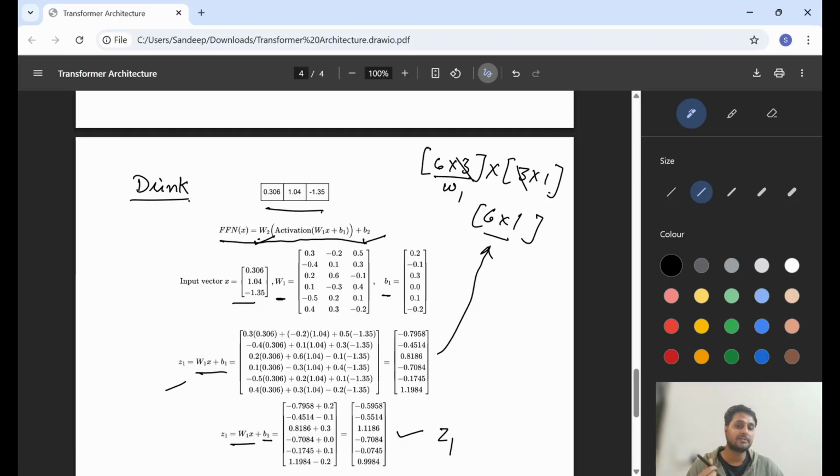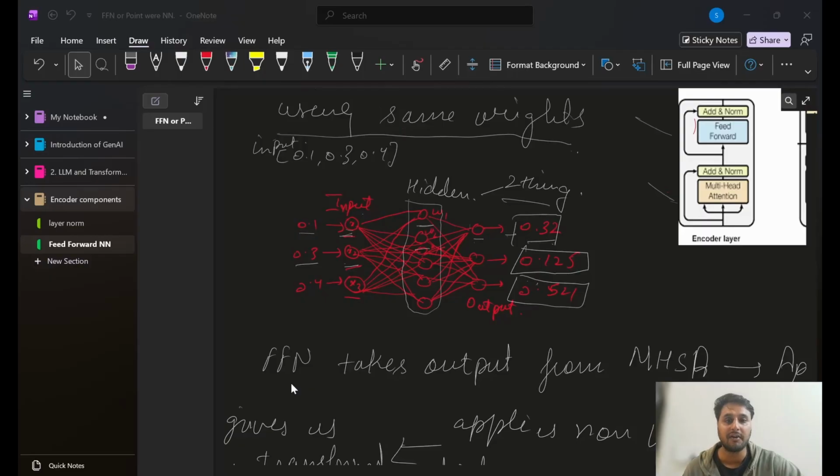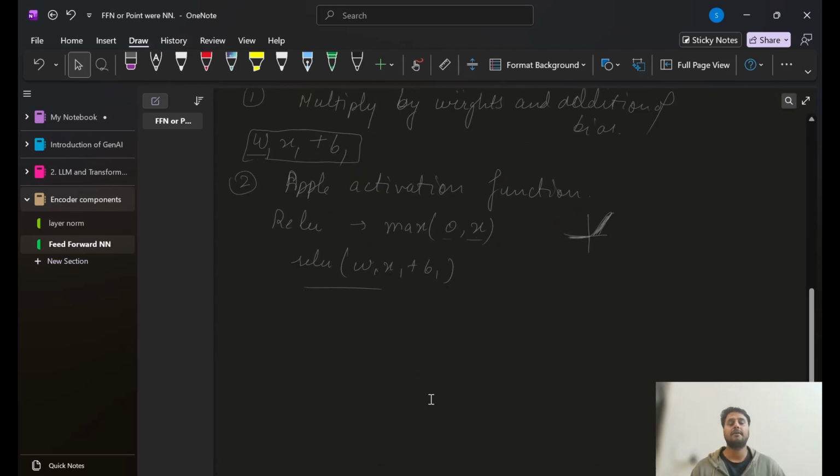Now let's talk about some important things. I want to discuss two main things about the feed forward network. Let me take you to the OneNote again. Have you realized what is happening? What we just did? We did two things.